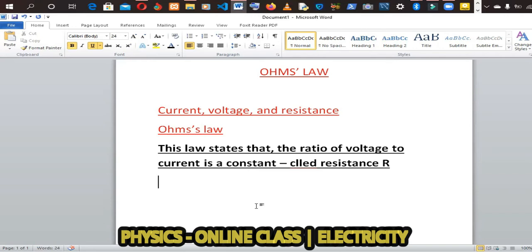Meaning resistance equals voltage divided by the current.